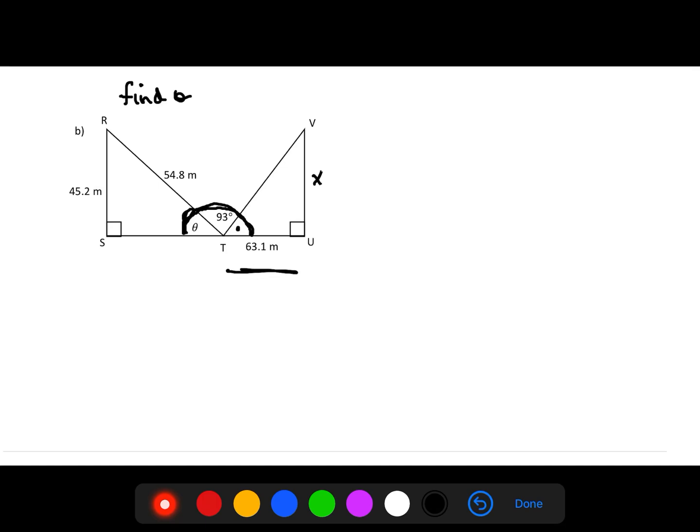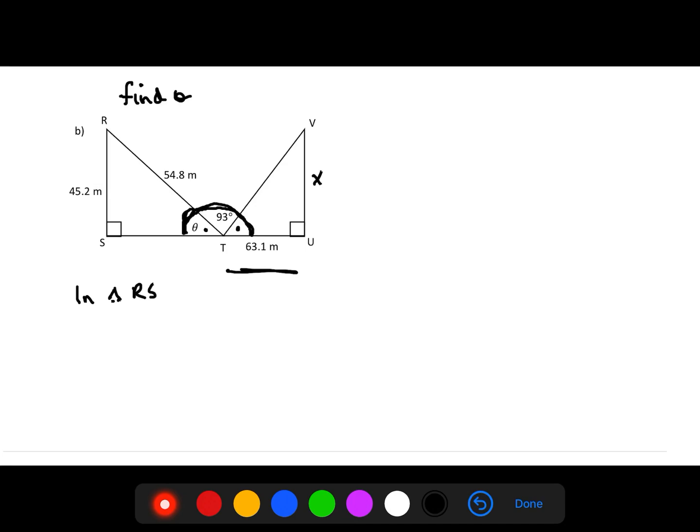Remember, any straight line from one side to the other is 180 degrees. We have 93 degrees in the middle, and if we can find theta here, then we can find 180 minus the other two to get our angle in triangle TUV.